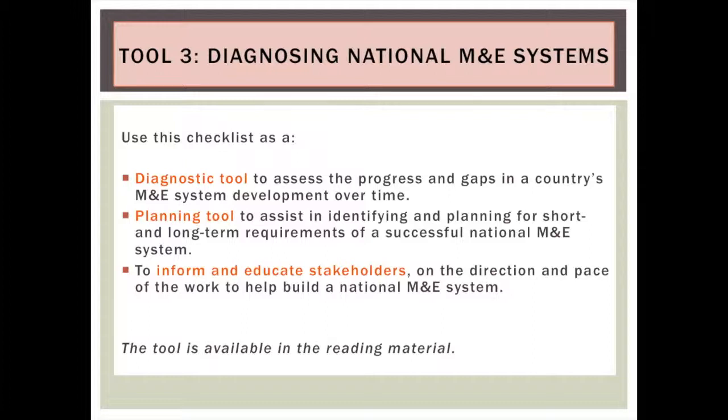This diagnostic tool can be used as a checklist to assess the progress and gaps in a country's M&E system development over time. It can also be used as a planning tool to assist in identifying and planning for short-term and long-term requirements of a successful national M&E system. This tool is also useful to inform and educate stakeholders on the direction and pace of the work to help build a national M&E system. The tool is also available in the reading material.